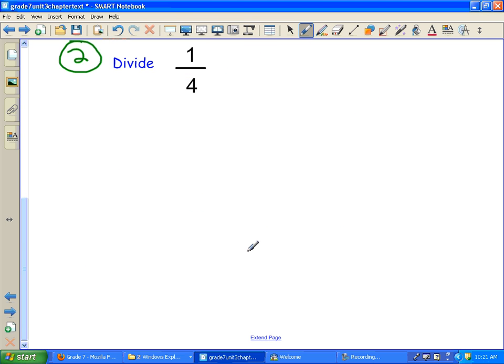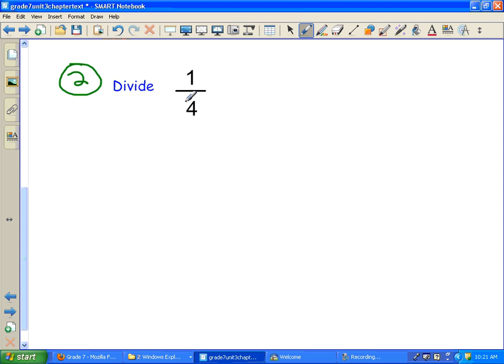The second method to do it is to change it to a decimal. So we've got to divide it. Because remember, all a decimal really means is this is out of 10, if it only has this much. 0.1 is 1 out of 10.